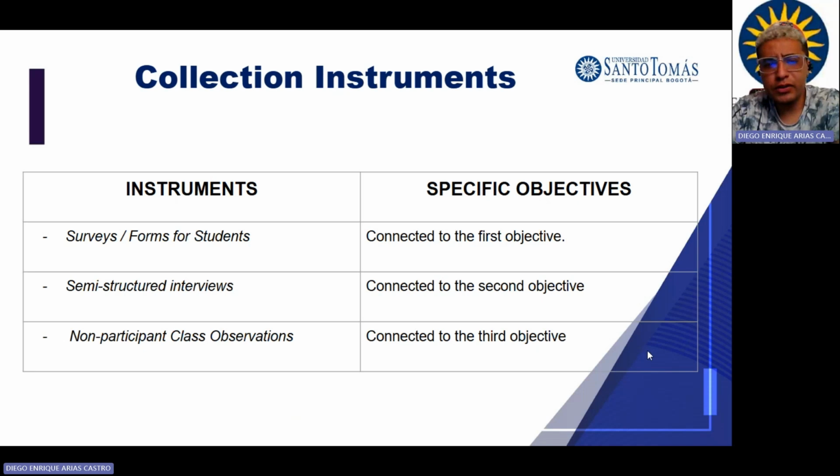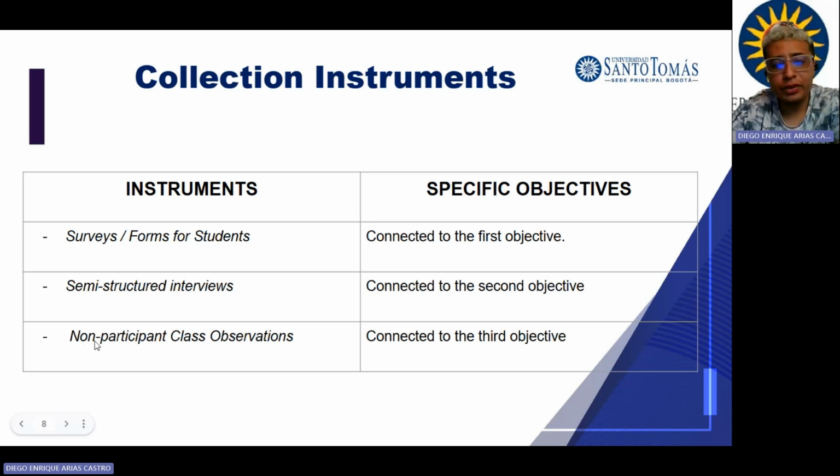Then the collection instruments. We selected three instruments: surveys or forms for students, applied to both the face-to-face modality students and the virtual modality students that we have in the university. Then we did semi-structured interviews with the teachers of the bilingualism area and the coordinator.